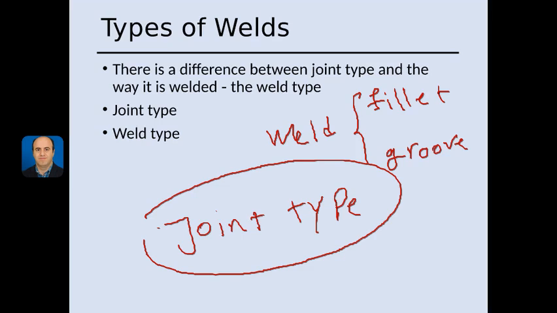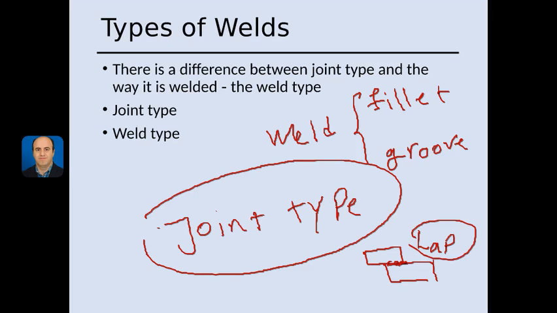There is a difference between joint type and weld type. Here, this one is a lap joint, and this is one joint type, one configuration.